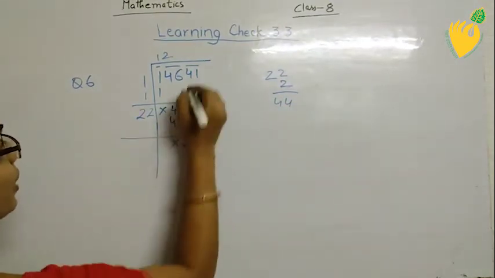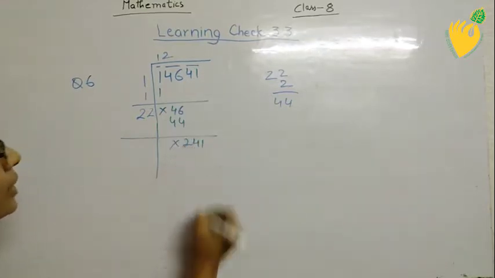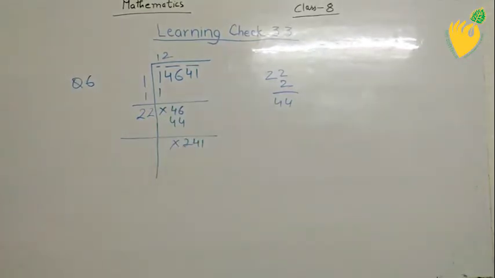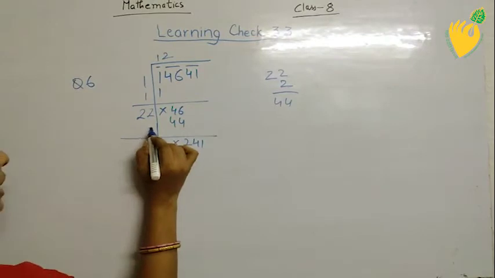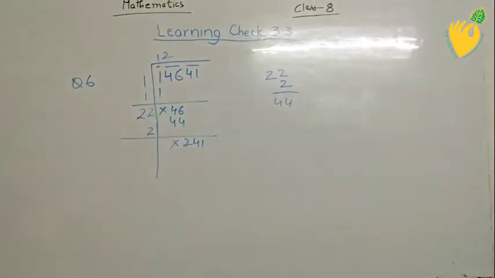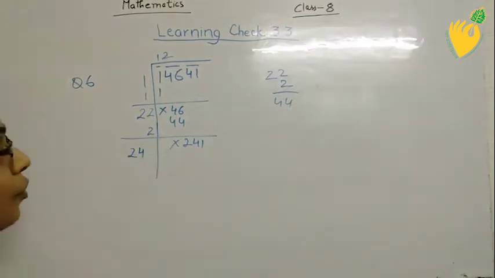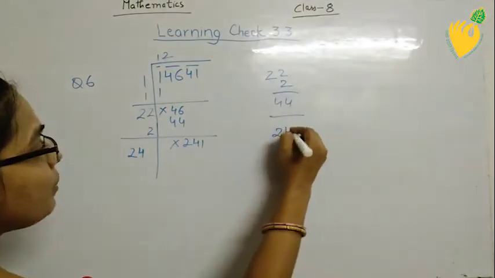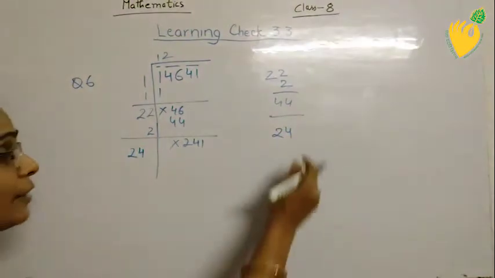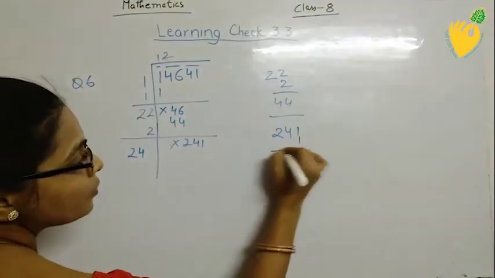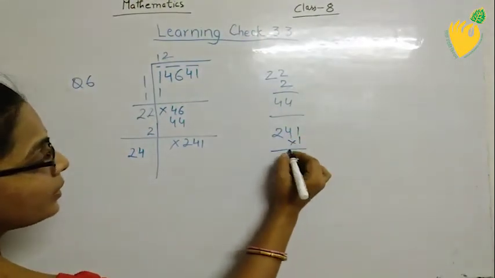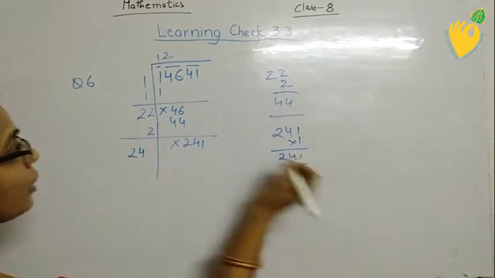You will get 2, and again you will note down the full pair, that is 41. The number is 241, and you will again double the digit which is at the unit place. What will it be now? 24. You have to multiply 24 and will take one more number as 1. 1 1s are 1, 241.